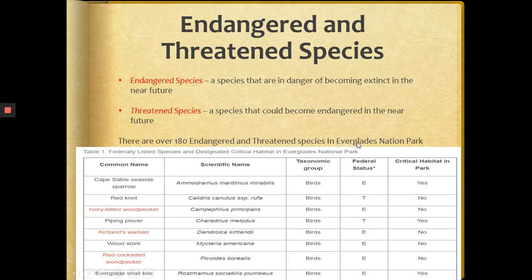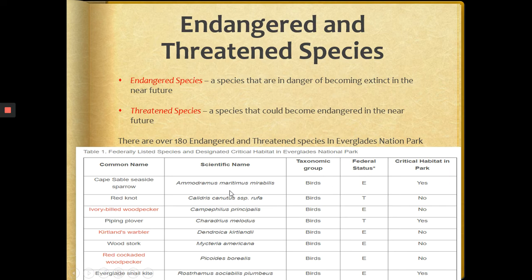So talking about a couple other terms, an endangered species is when a species is close to becoming extinct in the near future. I just took this clip from the Everglades National Park website, and this is just a small piece of the birds that are either listed as endangered or threatened that call Everglades National Park home.